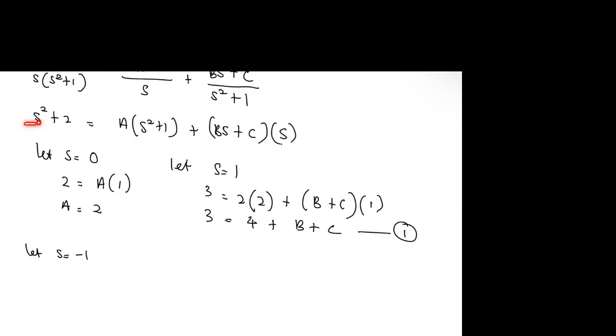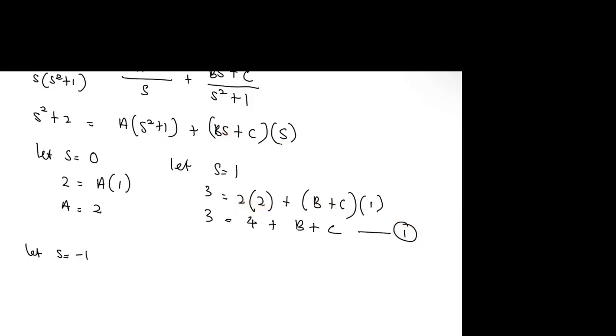Sorry, 1 plus 2 is 3. Here is 1 plus 1, 2. So 2 times 2, a is 2, 4, plus b plus c. So okay, here is equation number 1.